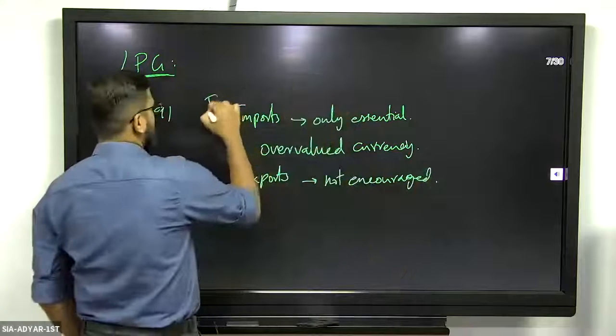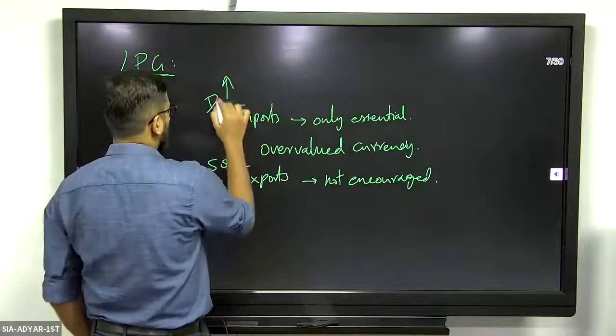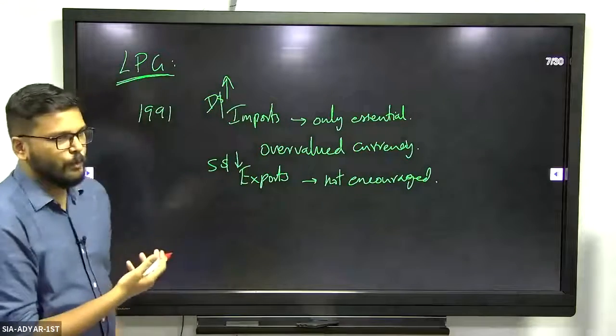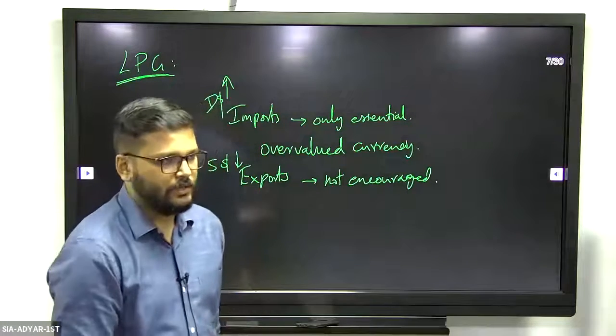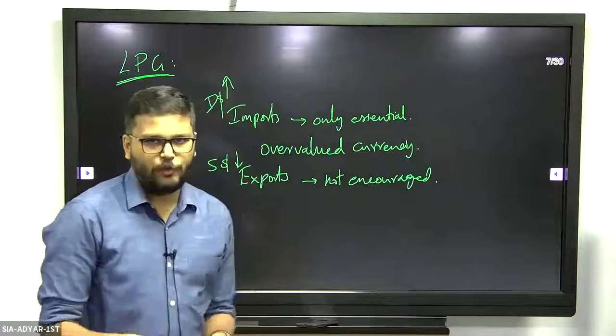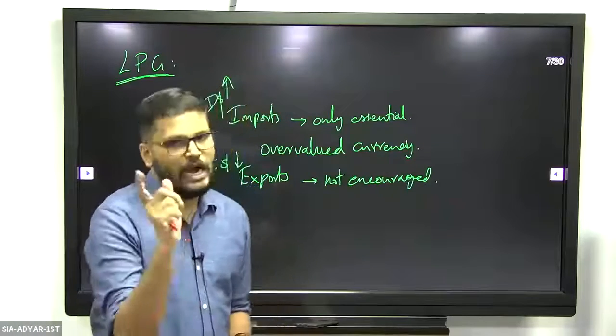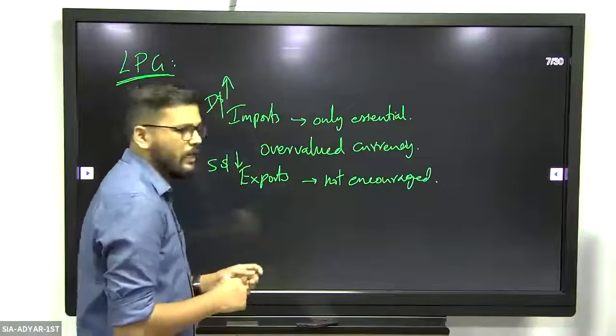So what happens? Demand for dollar is high, supply of dollar is low. Because imports are high, because it is still overvalued. Imports are high, demand for dollar is high, supply of dollar is low. This is the situation. Okay. The government knew this is the situation. Government was artificially fixing the exchange rates as well.